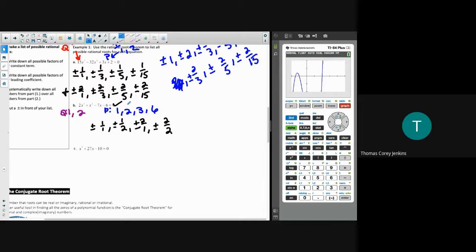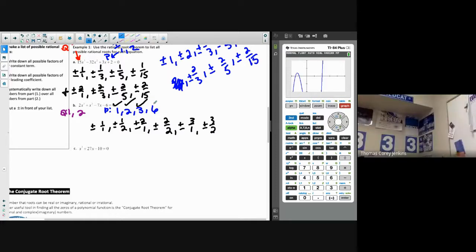All right, check that off the list, and then we just basically repeat. 3 over 1, 3 over 2. Check that one off, and then you got 6 over 1 and 6 over 2.